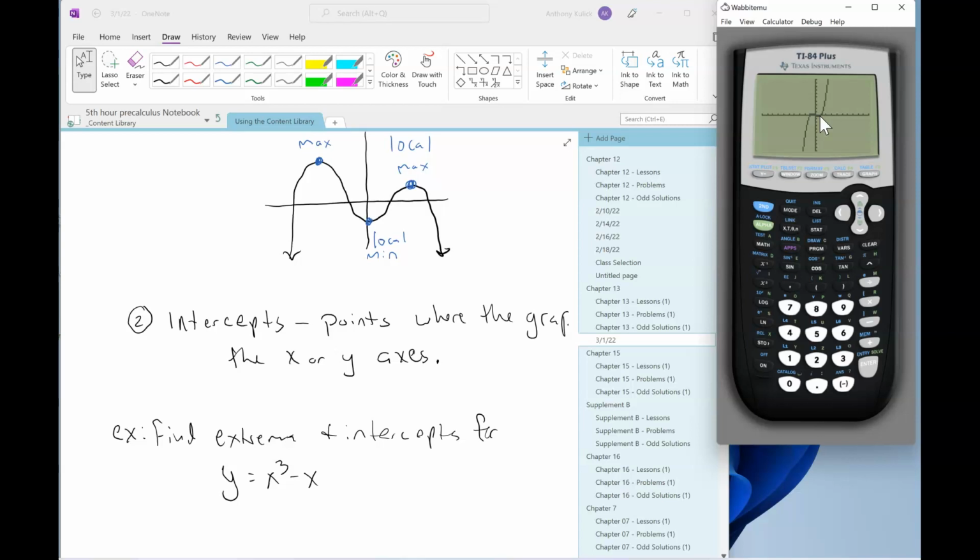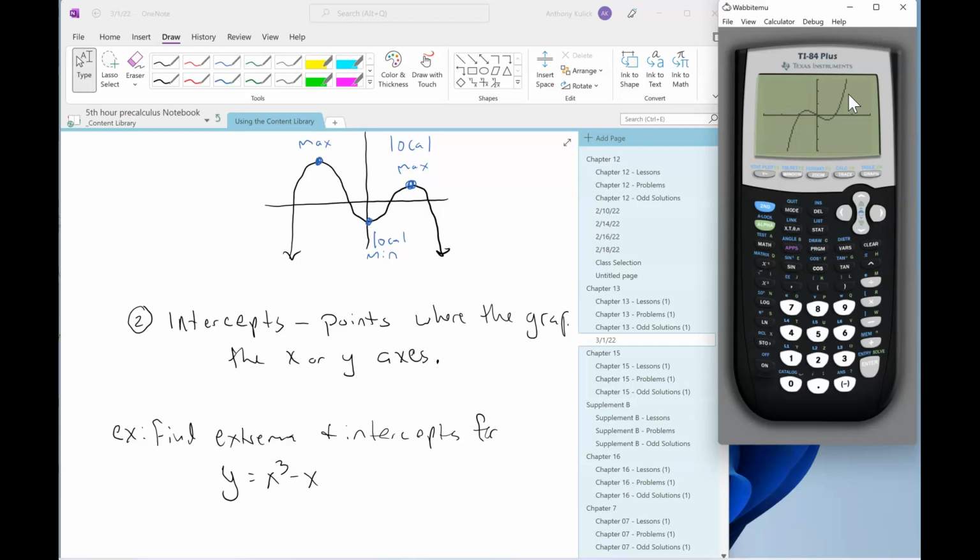If I go from -3 to +3 in both directions, that ought to give me a pretty good picture. It doesn't matter so much what those values are. I just want to make sure I'm not missing any extrema here.